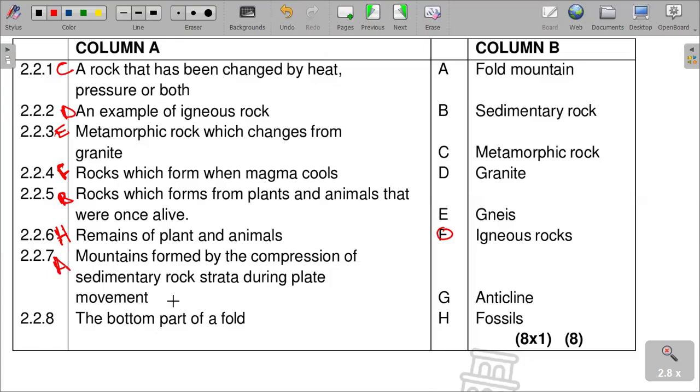The bottom part of a fold is called a syncline, which is G. So those are the answers as you can see there.